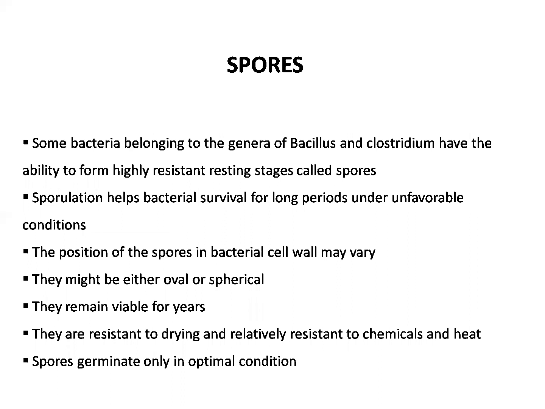Spores. Some bacteria belonging to the genera Bacillus and Clostridium have the ability to form highly resistant resting stages called spores. So some bacteria keep some genetic material within them which they use for their future generations or which helps them in growing themselves.